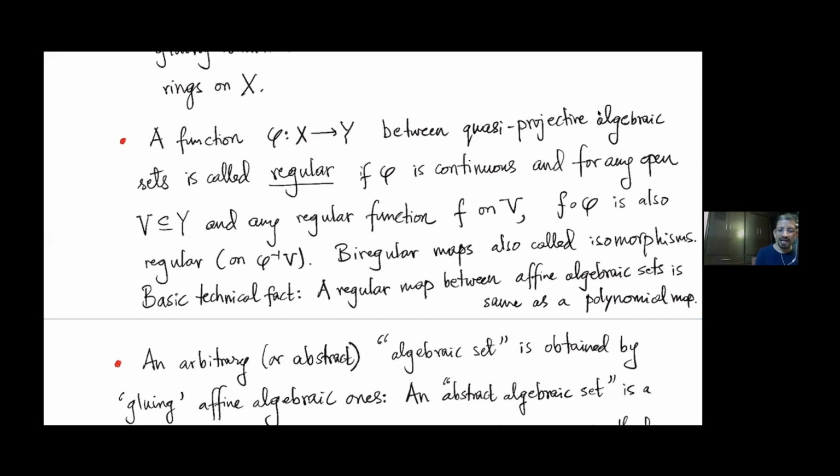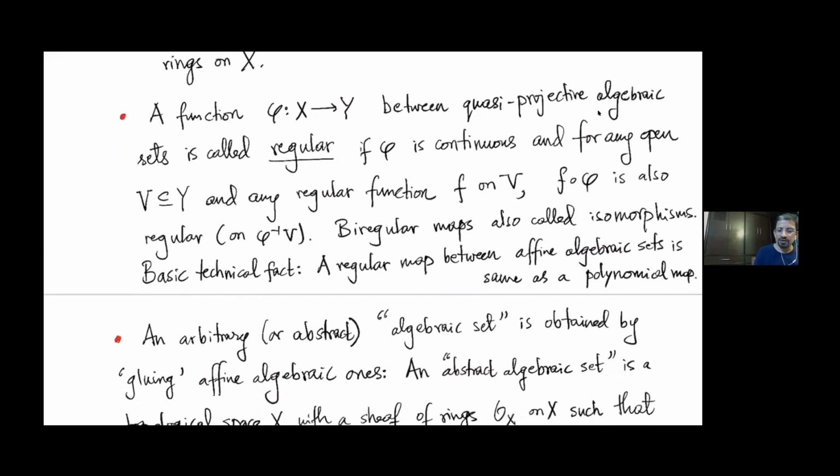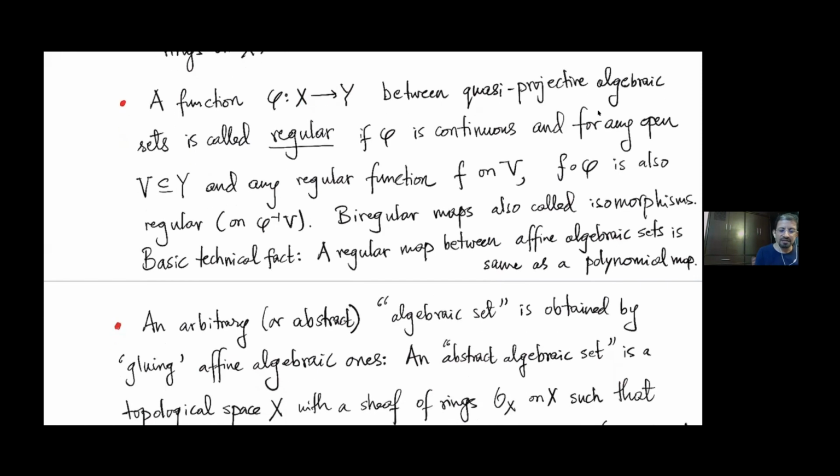Unlike the affine situation, where in the beginning of the lecture I said that you simply look at maps of coordinate rings in the reverse direction, here it's a little more complicated. A function between quasi-projective algebraic sets is called regular if it's continuous, and for any open set V in Y, when you compose with phi, you get a regular function on phi inverse V. So you take an open set here and a regular function there, pull it back via phi, and you should get a regular function here.